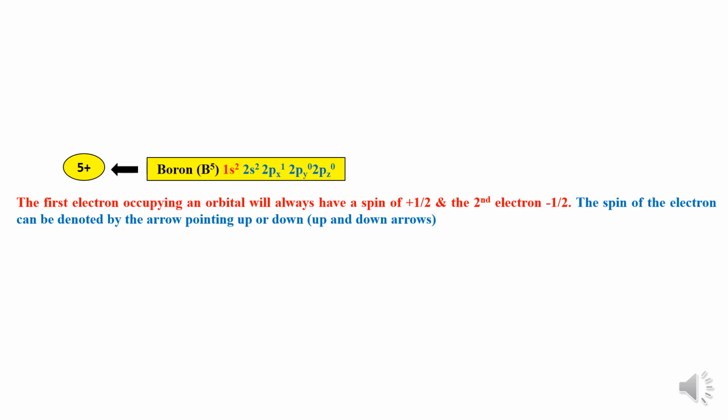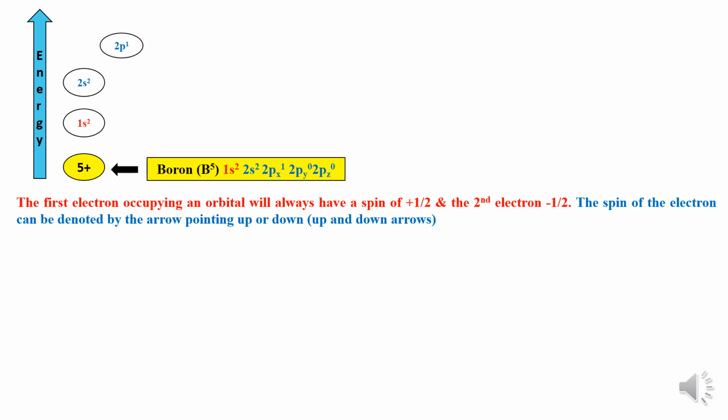taking into consideration all the 3 basic principles, that is Pauli's exclusion principle, Hund's rule of maximum multiplicity, and Aufbau principle. So what does the Aufbau principle say? It says that electrons first fill the lower energy orbitals before occupying the higher energy orbitals.